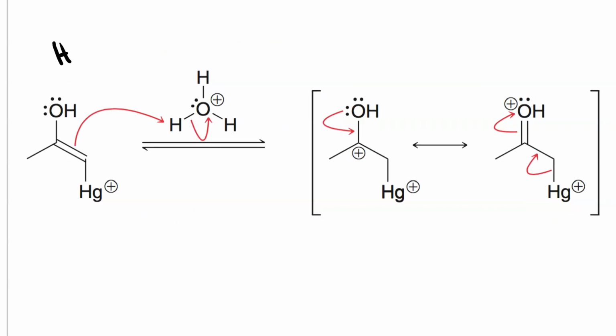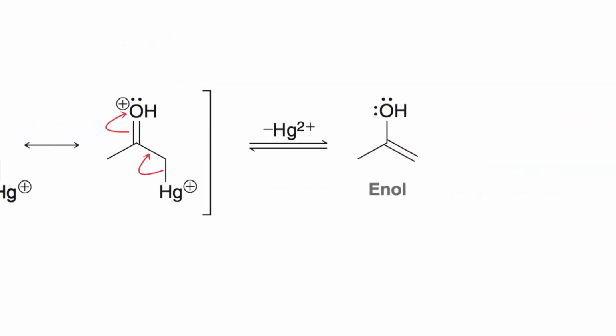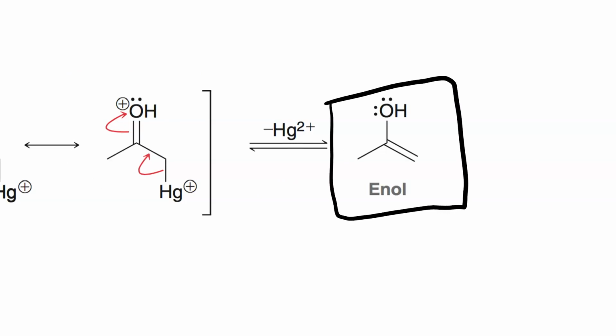The pi bond acts as a base to do proton transfer on hydronium that's present from the sulfuric acid, which then creates this carbocation, and the carbonyl is formed by resonance, and that takes back that pair of electrons that was binding the mercury. And so we end up with the enol. But this is immediately going to tautomerize to become a ketone.